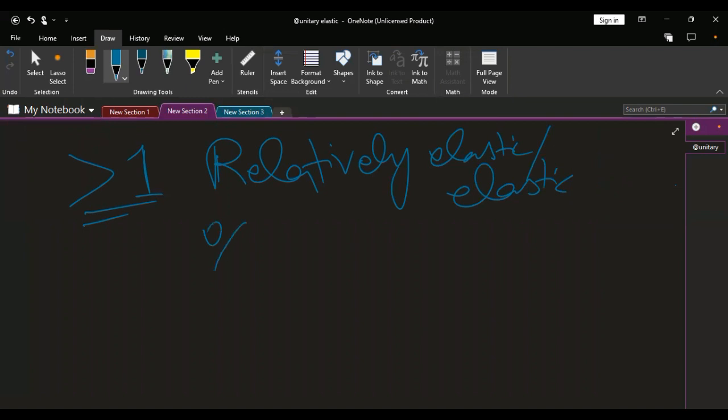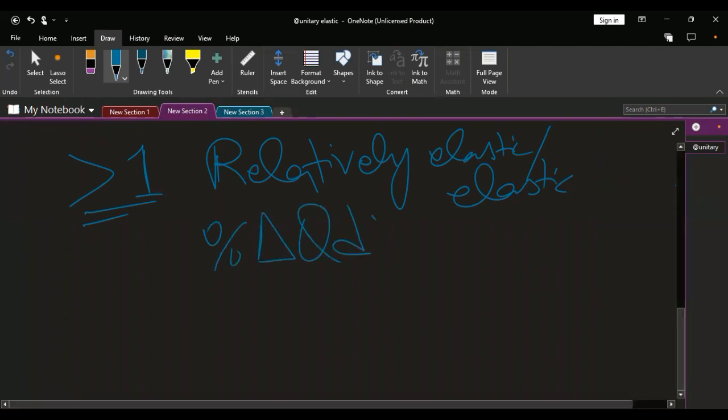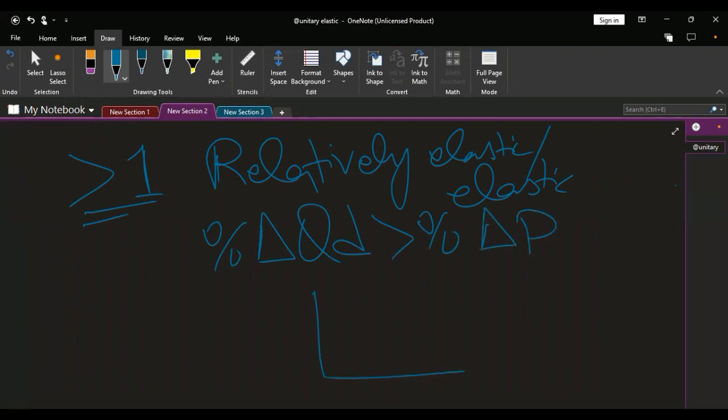It means that the percentage change in quantity demanded is greater than the percentage change in price. Means you will find a big change in demand as compared to the change in price. A small change in price causes a large change in quantity demanded. This is called relatively elastic or elastic demand. Means if there is a 50% increase in price, then there will be a 90% decrease in the quantity demanded.